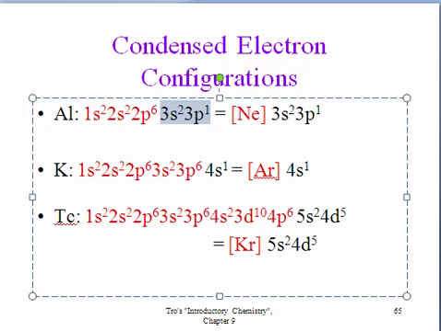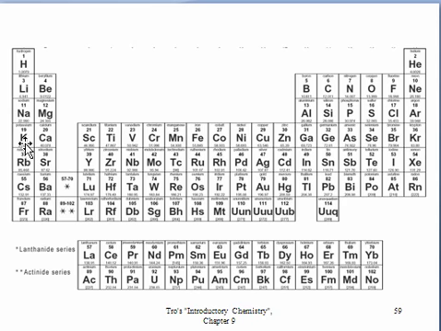Let's look at potassium. Potassium has 19 electrons. The previous noble gas, one period up and all the way to the end, is argon. Argon is going to take care of the first 18 electrons. Where does that one remaining electron go? Well, after argon, we're in our fourth energy level.